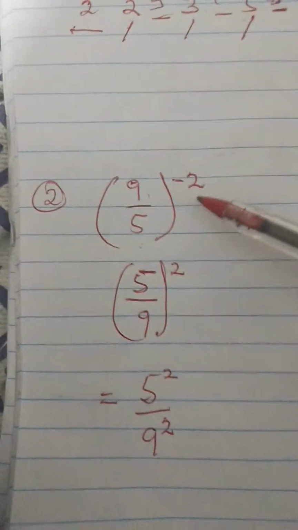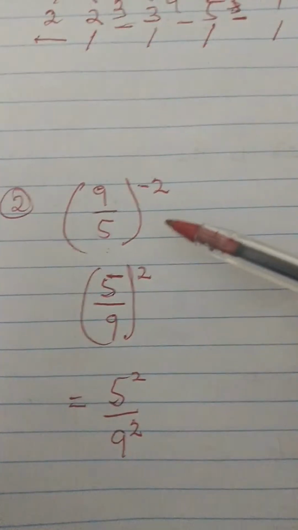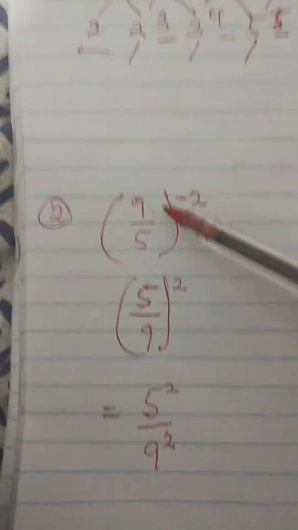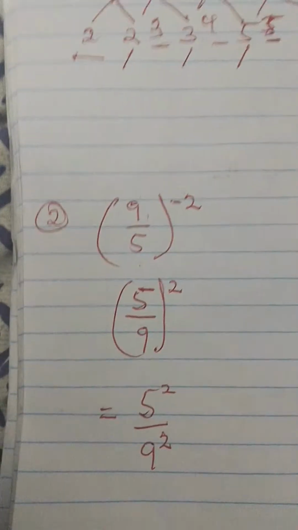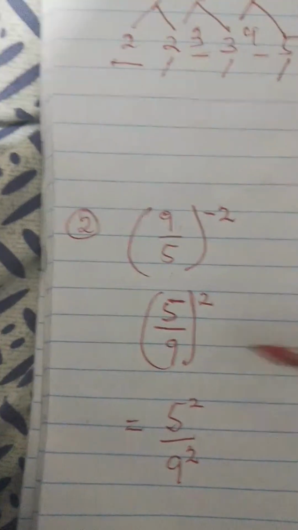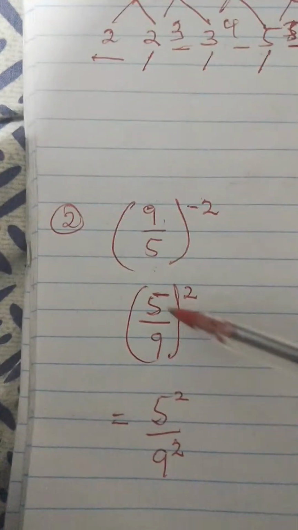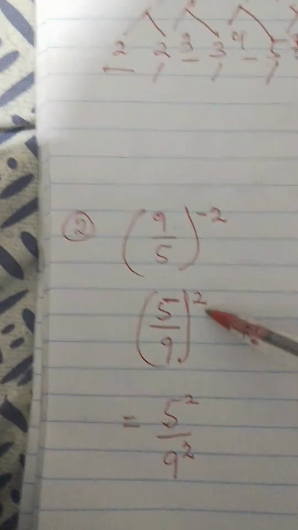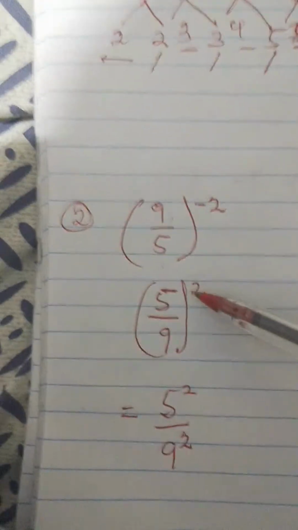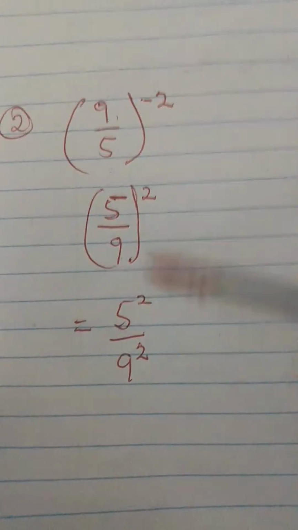Right. So the first thing to do is to eradicate the negative from there. So this becomes 9 on 5, then instead of 9 on 5 it becomes 5 on 9. Then the negative disappears. Since the square is outside the bracket, it is going to go for both of them.